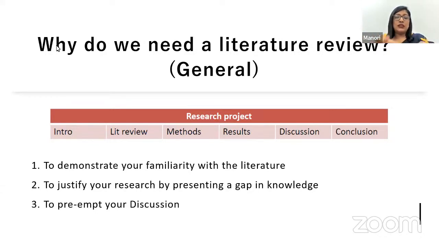In general terms, we do this literature review as a part of the study, so that you can place your study within the existing literature and also give some extension to the existing knowledge.